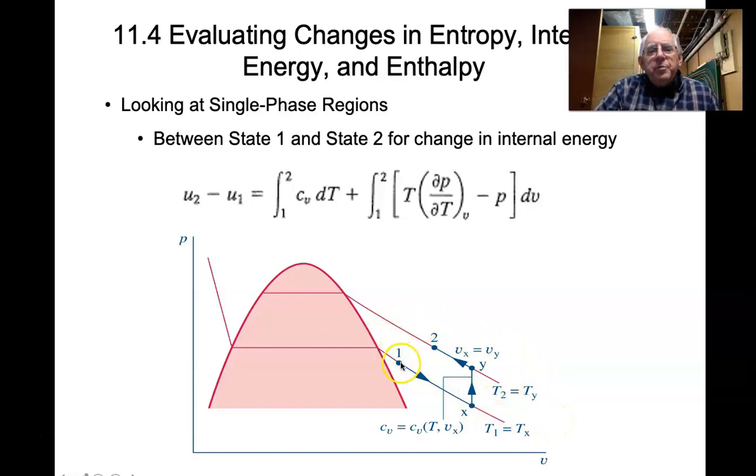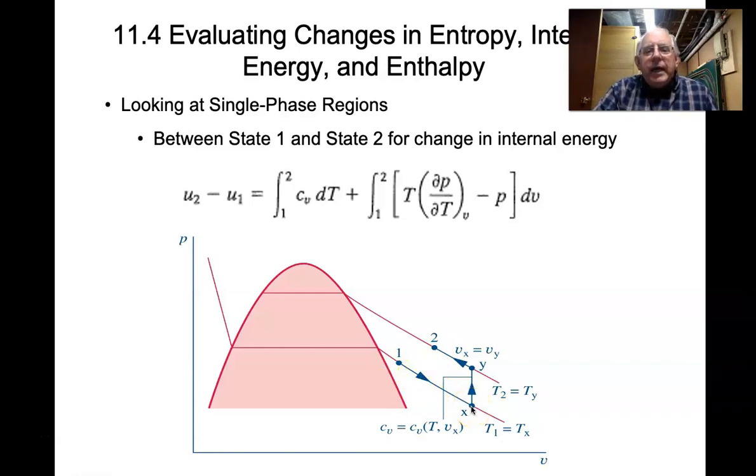And so if this point 1 is at temperature 1, a constant temperature line, and this point here is at temperature 2, on the temperature 2 line, what we can do is perform the movement from 1 to 2 by first of all integrating along a constant temperature line, temperature 1.